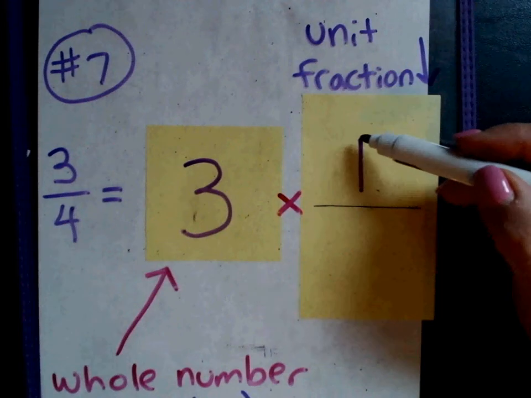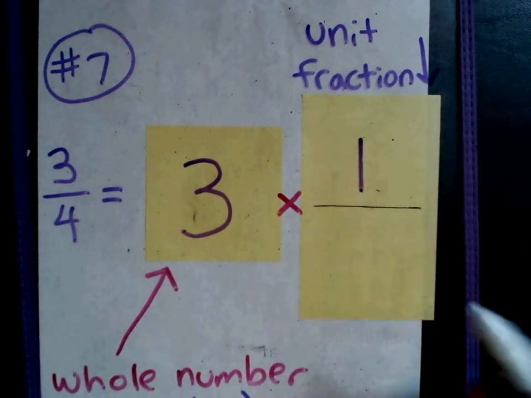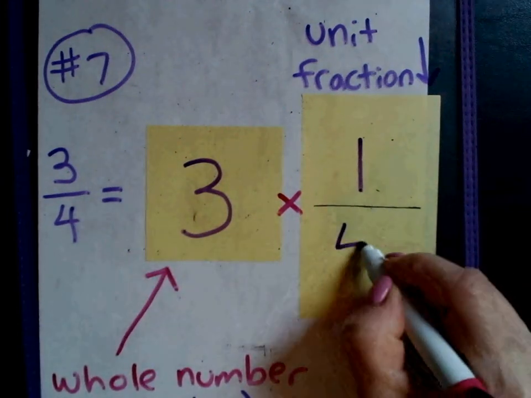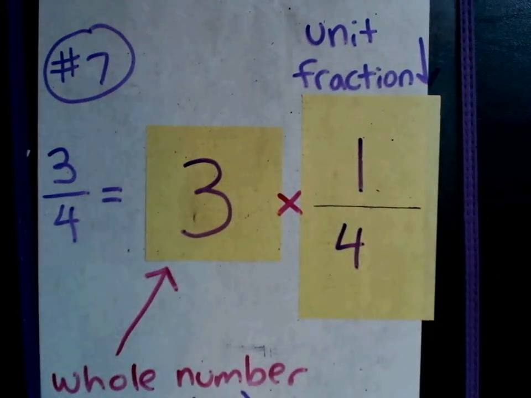So the unit fraction has to have a numerator of 1. And then the denominator will be whatever the denominator is of your fraction. So, just like we did yesterday, let me see if I can find my 1/4 pieces.